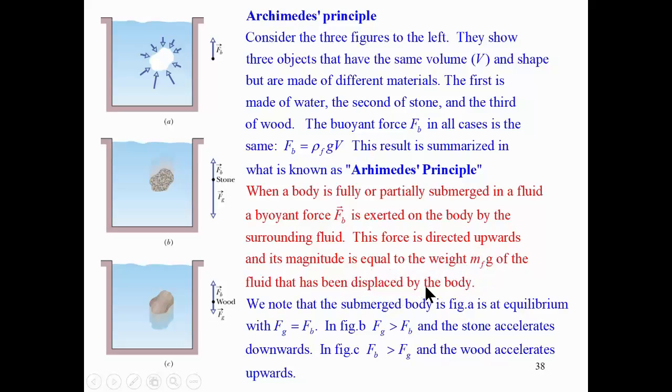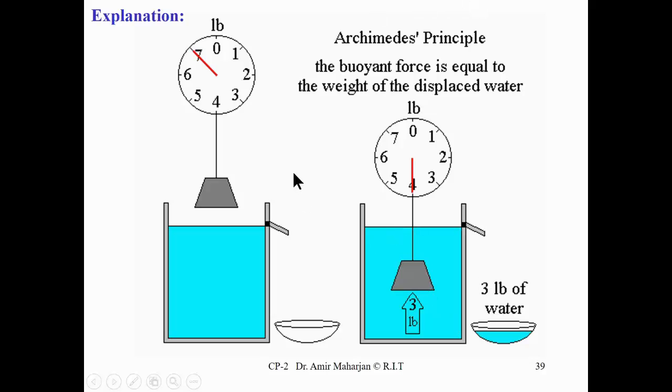Okay, so let me show you this example. Archimedes principle says this. For example, this object weighs 7 pounds in air. Now let's submerge that object here, and it will displace some of the liquid from this container, and let's collect it in a separate bowl.